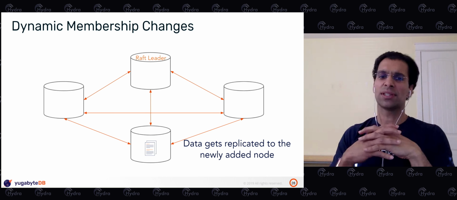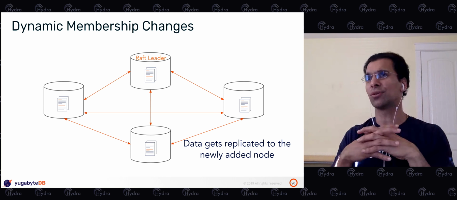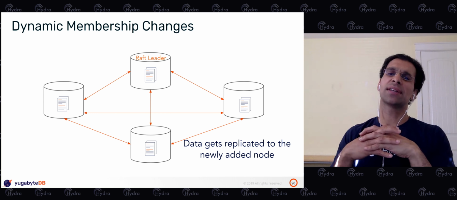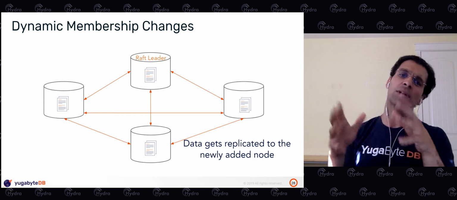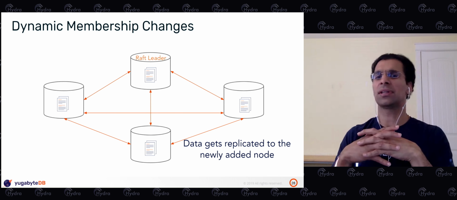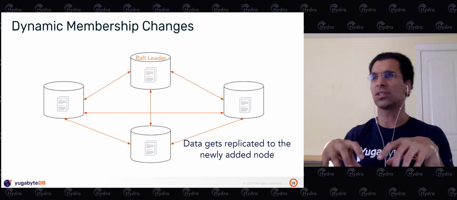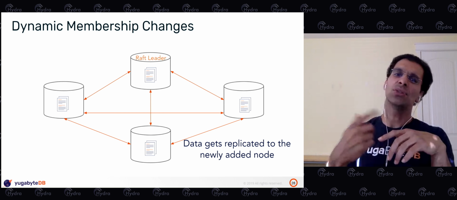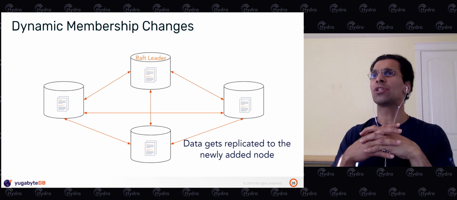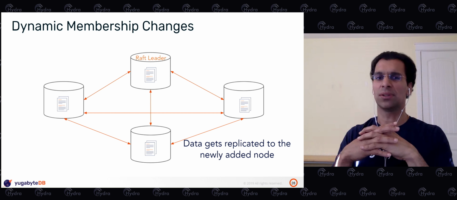The second step is that the data is automatically bootstrapped into the 4th node. The nodes that find this one doesn't have the data use an internal protocol to copy the compressed data files, the write-ahead log, everything to this node and get it bootstrapped to a certain point, then ask this new node to join the cluster, at which point it gets the remaining updates and gets completely caught up with the rest of the nodes.